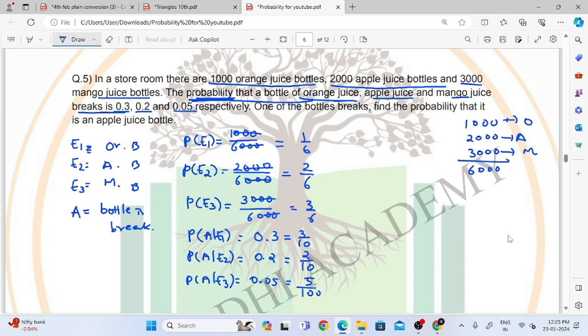To make the denominators equal: 30 upon 100, 20 upon 100 and 5 upon 100.